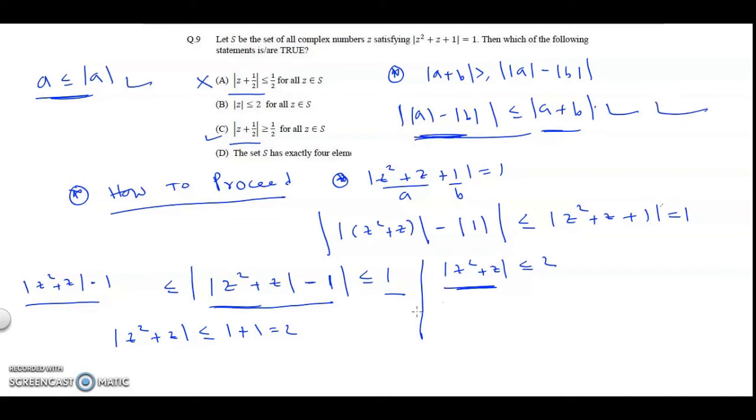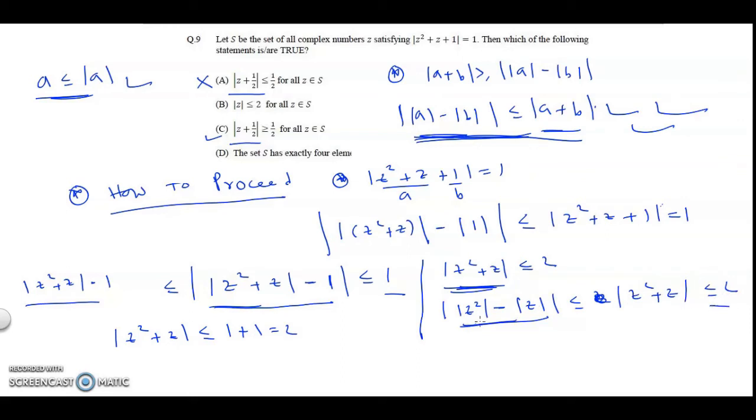From this we can write modulus of z square minus modulus of z is less than or equal to 2, because this one is less than this from this concept, and this one is less than 2.